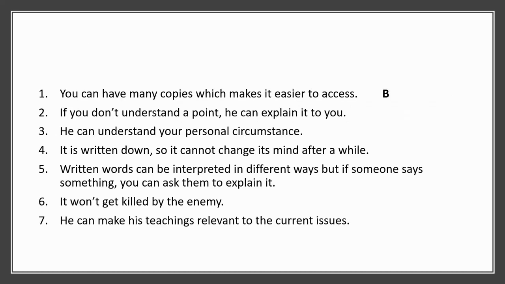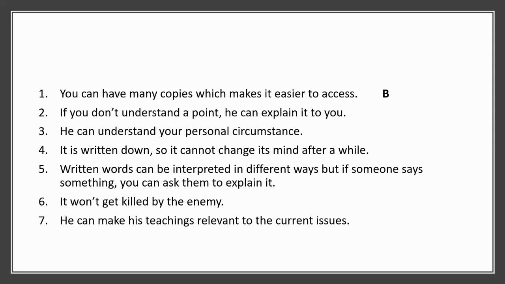You can see that on the first one, the point is that you can have many copies, which makes it easier to access. What the person who made this point would say is that if you have just one human guru, then there's only one person, and he can only be in one place at one time.